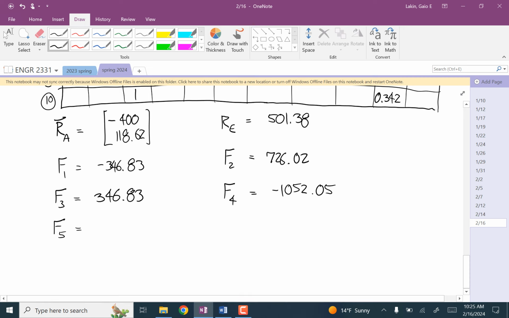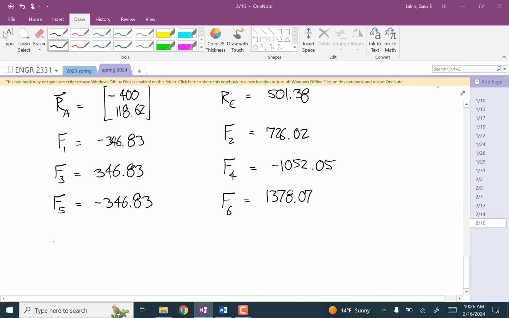F5, negative 346.83. F6, 1378.07. And F7, negative 1466.03.